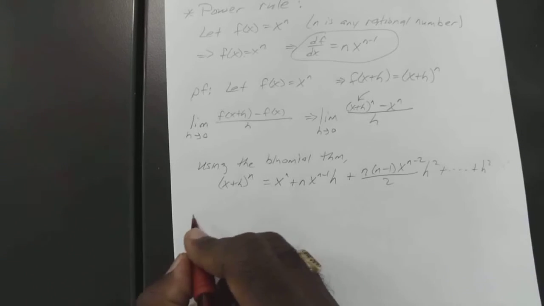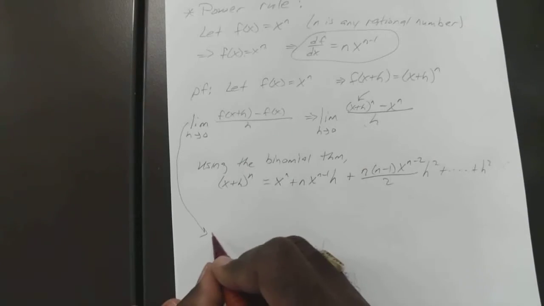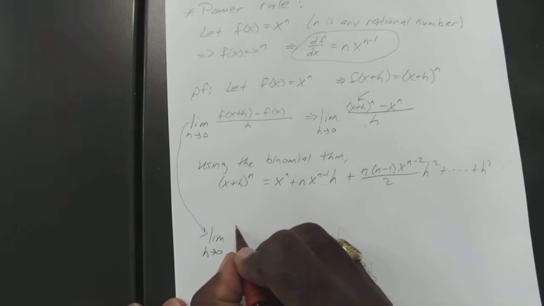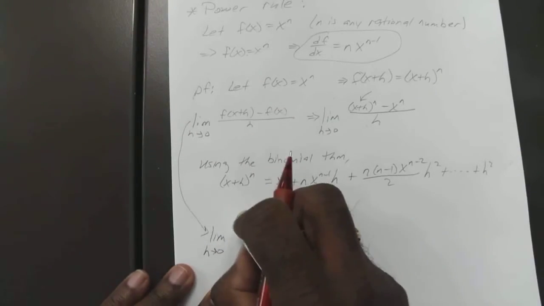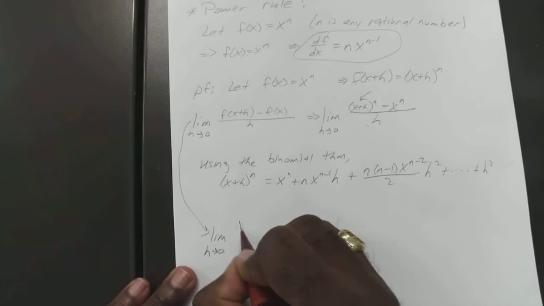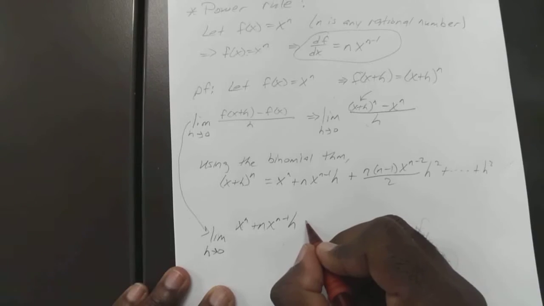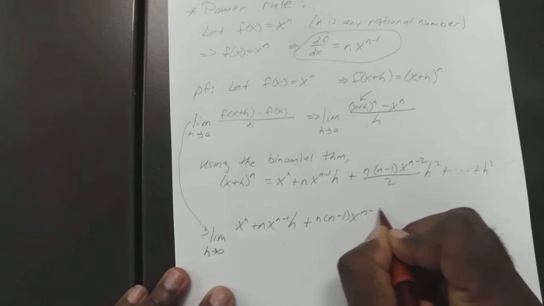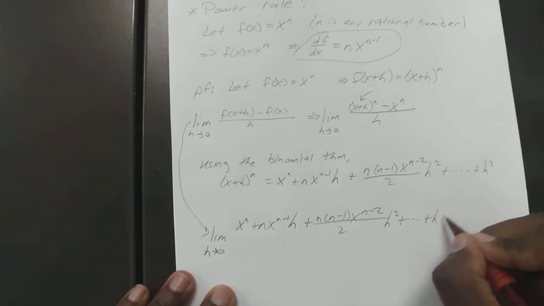So let's just take this one and plug it in. So the limit as h approaches 0 of x to the n plus n x to the n minus 1 h plus n times n minus 1 times x to the n minus 2 over 2 h squared plus all the way to h to the n.